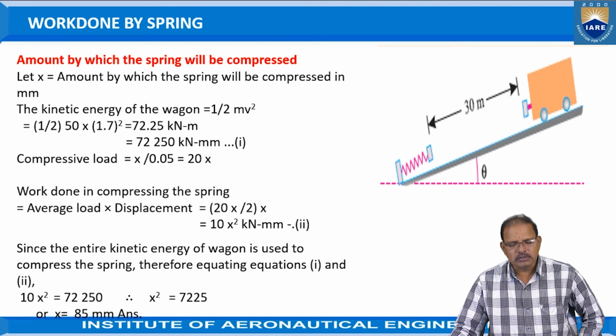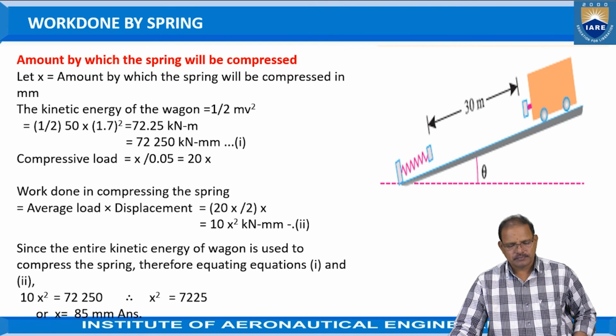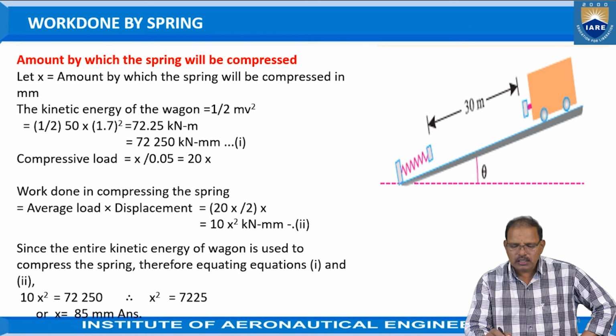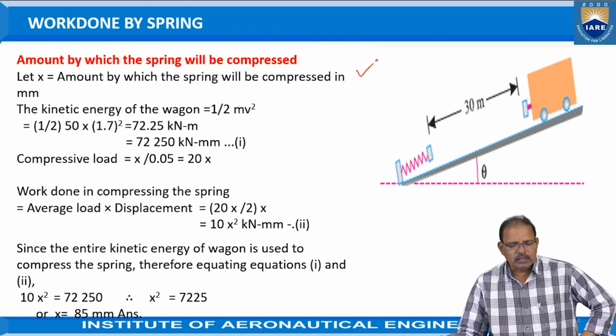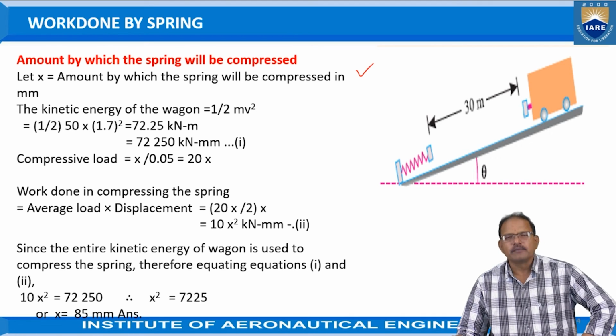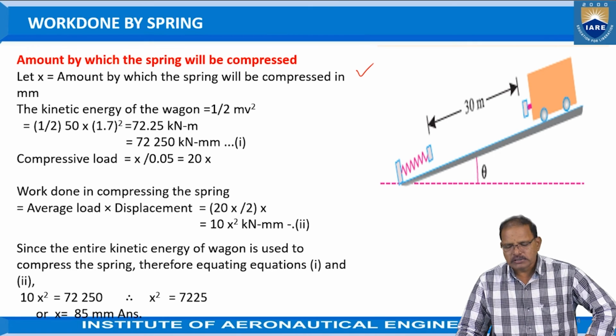Now the amount by which the spring will be compressed. Let x be the amount by which the spring will be compressed, taking mm dimensions. The kinetic energy of the wagon is equal to 1 by 2 mv square. Before it is striking, it has velocity v is equal to 1.7 meter per second, that means after traveling a distance of 30 meters.